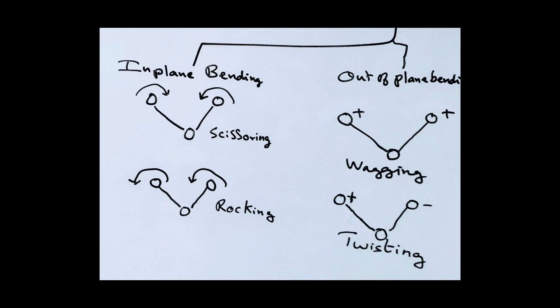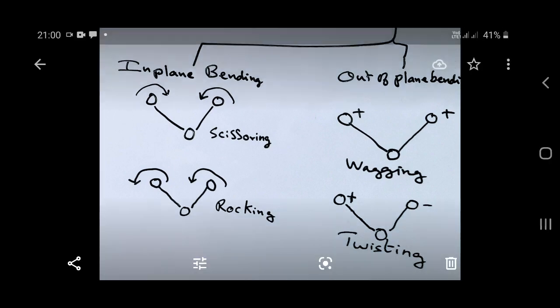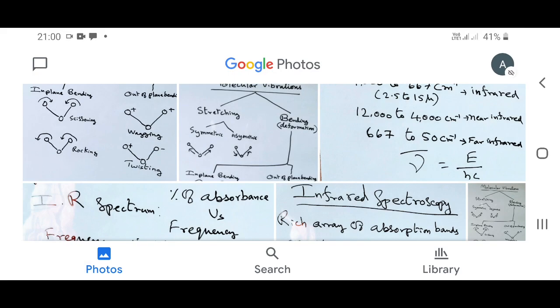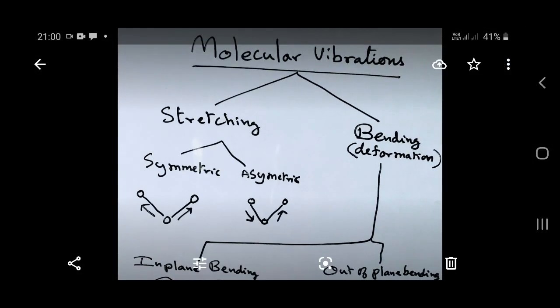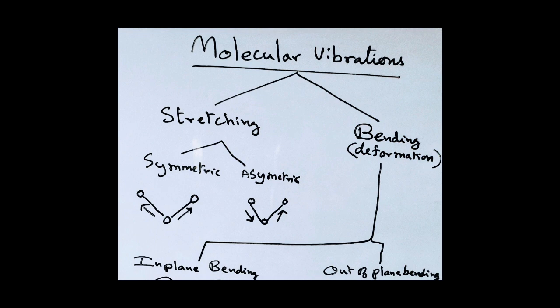So we have molecular vibrations. The molecular vibrations are of different types. One is your stretching vibration and another one is your bending vibration. There is another name for this bending vibration. It is called deformation. Stretching vibration is of two types.